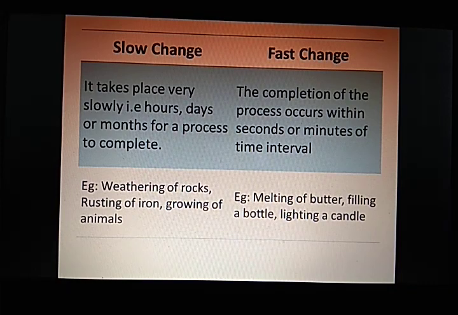It's a pretty long time for a process to get completed. That's a slow change. And a fast change happens within seconds or minutes.